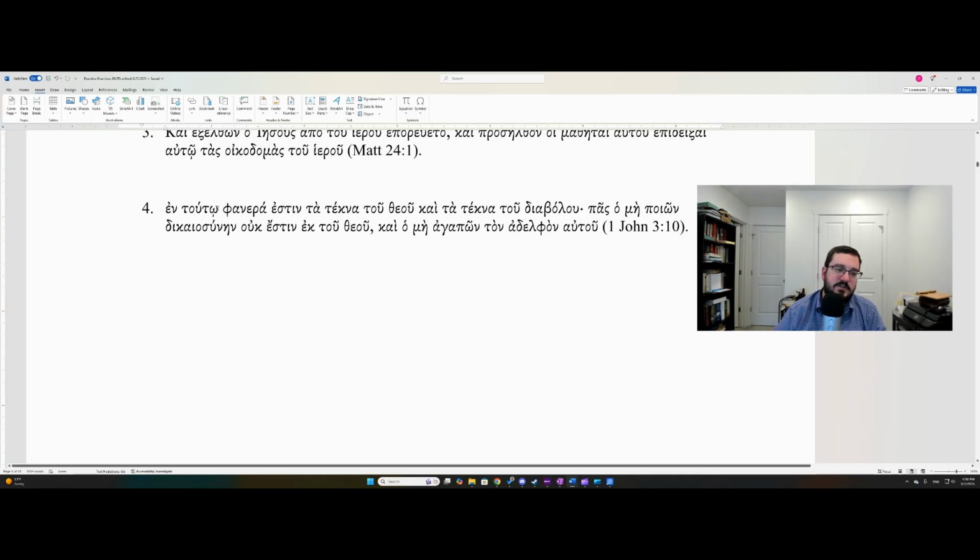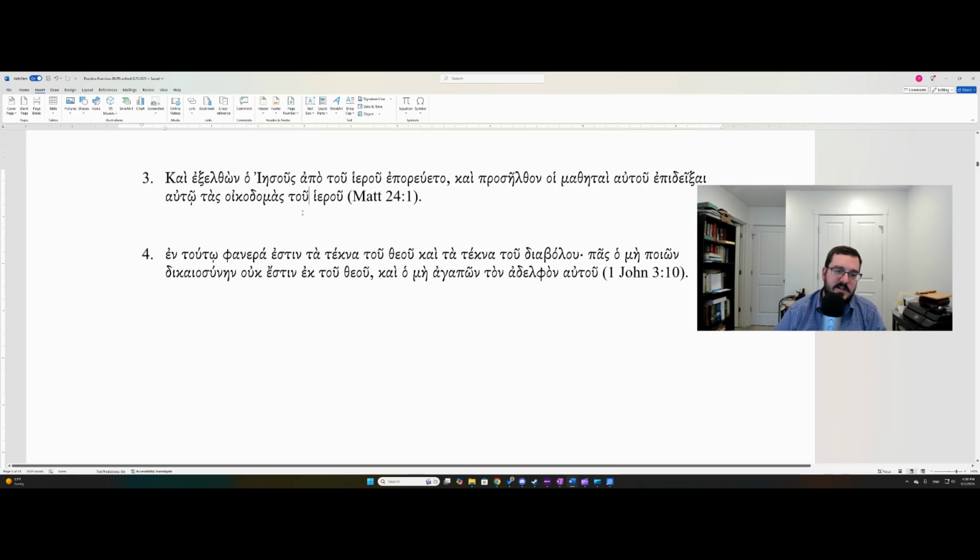We got one from First John here, and we see a couple right away. Ta tekna, right? We discussed that one before. We have a neuter plural, and this one actually is a nominative in this case, but it could be an accusative in other contexts. I know it's a nominative because we are dealing with a certain kind of construction here in Greek, but you don't know that yet.